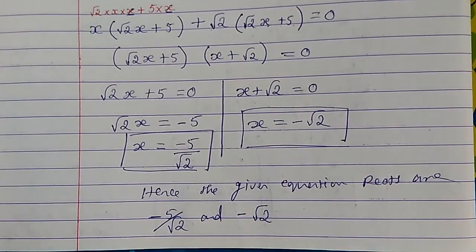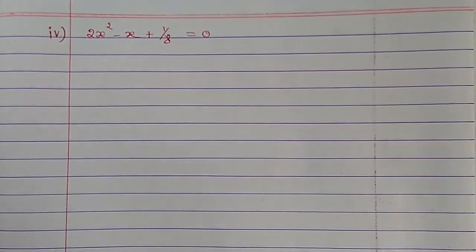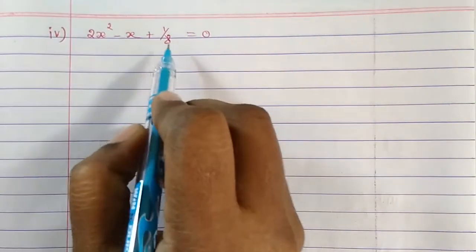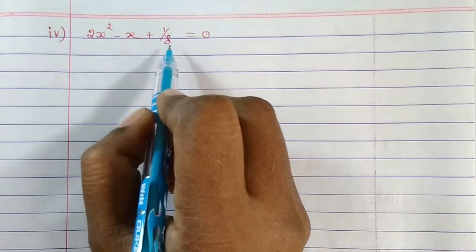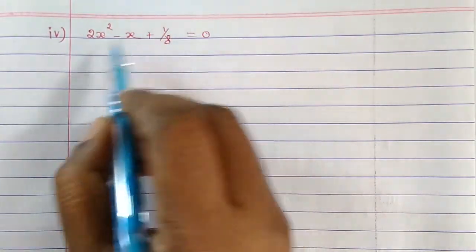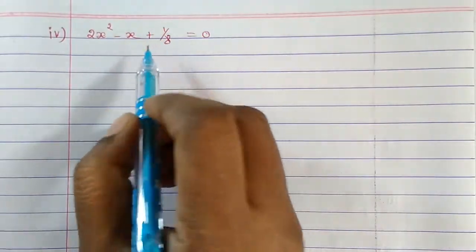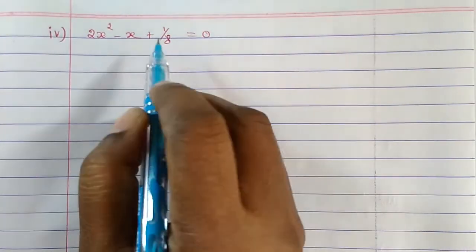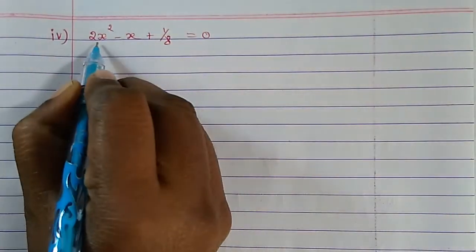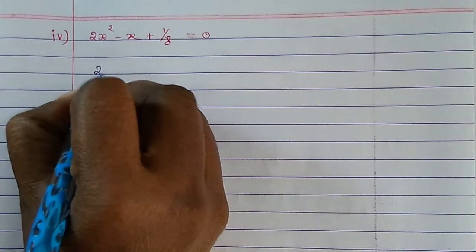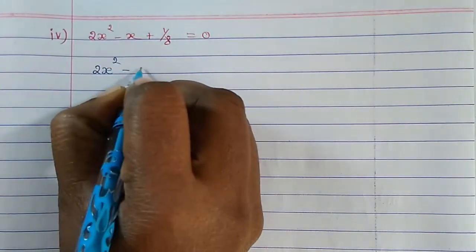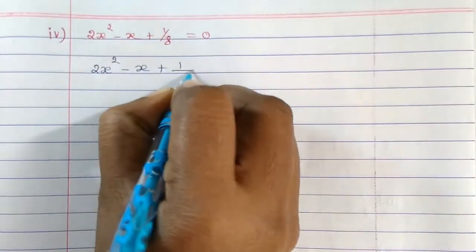Now let's do the fourth part of the sum. Now the fourth part, you see there are some changes we have to make, because in the fourth part you have a fraction here. So first we have to convert it into a simple form. Here we already have 2x square minus x plus 1 upon 8.